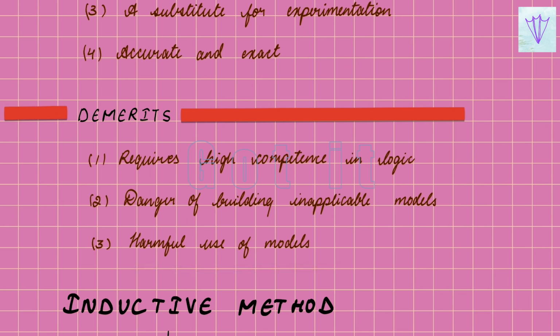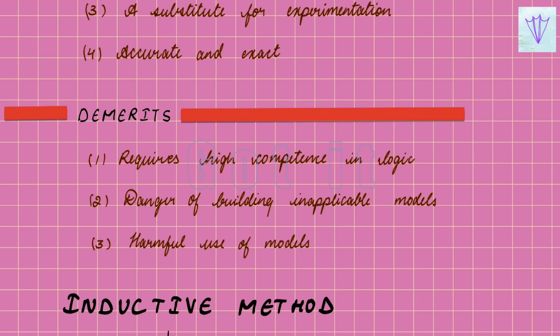The generalizations arrived at by deductive reasoning become valid only if the assumptions upon which they are based hold good. If other conditions do not remain the same, the inferences will become invalid. So whatever assumption you're taking has to be good, or else all your reasoning will be a waste. With this, we've completed the deductive method.